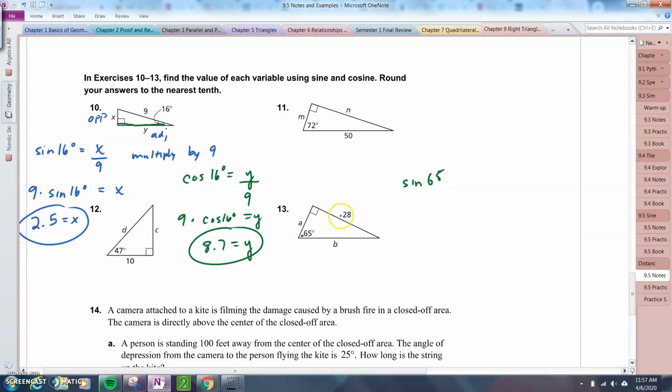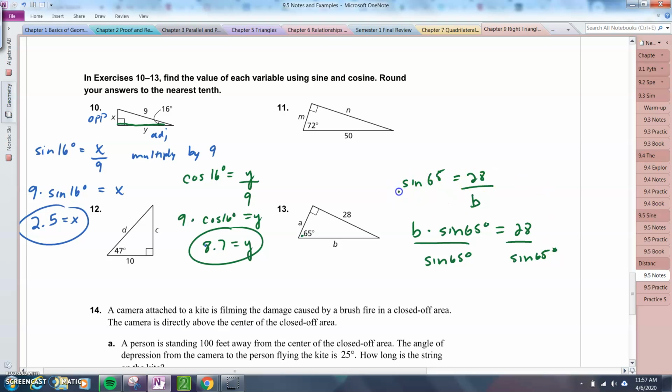From right here, the opposite side of that 65-degree angle is 28, and my hypotenuse in this case is B. Okay, so some of you recognize this as almost the cross products property. And if you did cross multiplication, you would end up with B times the sine of 65 degrees equals 28. And now to solve for B, we need to divide by the sine of 65 degrees on both sides.